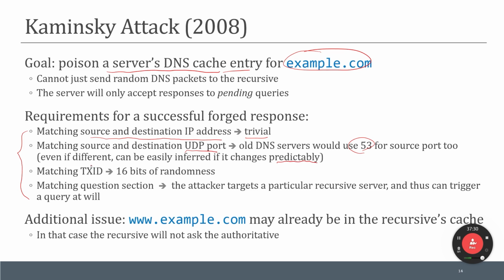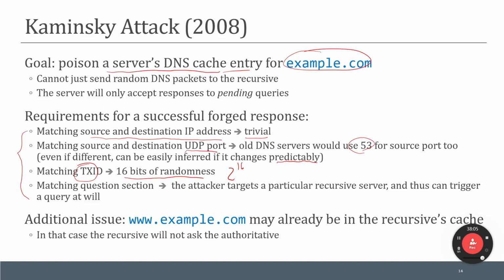And attackers should be able to match the transaction ID because it has 16 bits of randomness, 2 to the power 16. It's around 64K, right? And it should match the question section, meaning that the attacker targets a particular recursive server and thus can trigger a query at will.